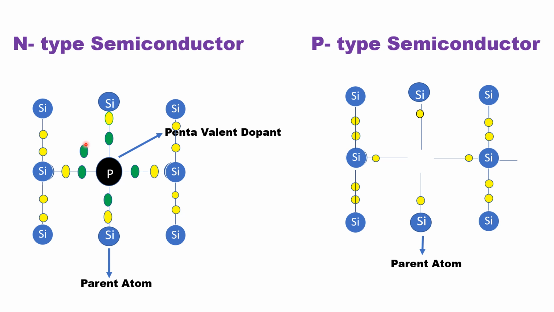This electron can easily detach from the pentavalent atom; the energy required for this purpose is very low, 0.05 electron volt for silicon and 0.01 electron volt for germanium. When this electron is detached, the impurity atom becomes positive and behaves as a donor ion.